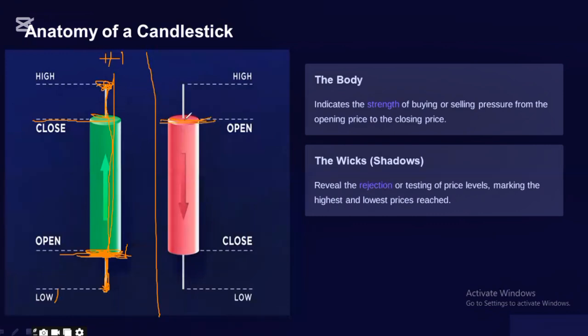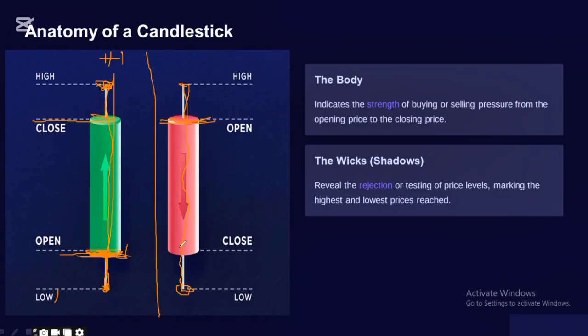Then immediately buyers came to push the price to this point. However, sellers came to dominate this market by applying much selling pressure, and they were able to push the price down to this lowest point on this time frame.